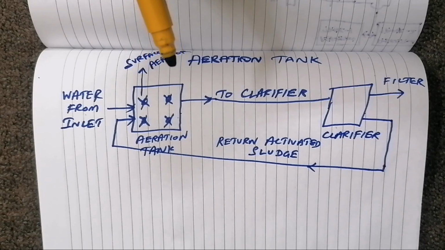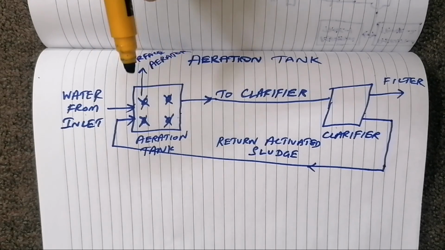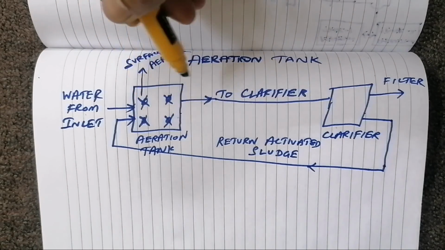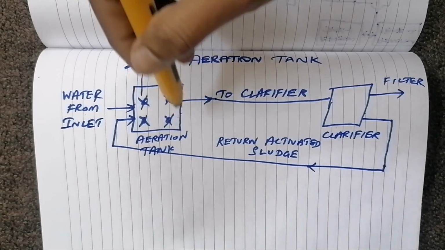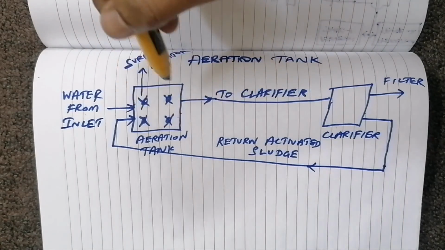In the next video on the site I will show you the new aeration tank also. This is one of the old model tanks, maybe 20-25 years back. We have built this type of aeration tank in our plant.